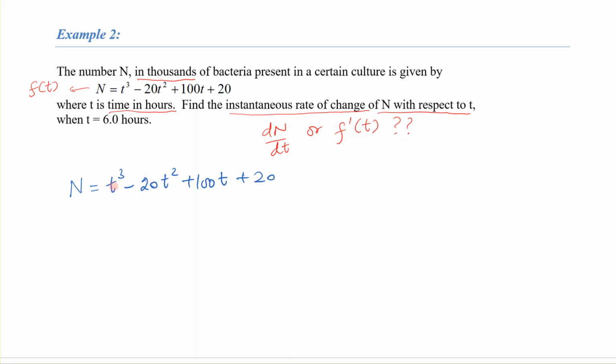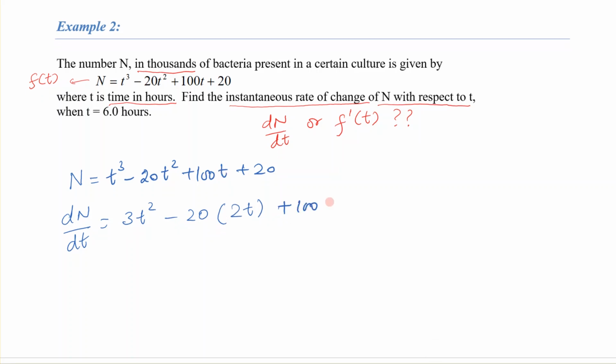Differentiating n with respect to t, using the power rule, the derivative of t cube would be 3t squared: bring the power down, reduce the power by 1. Similarly, 20 is just a constant multiplied with a power function, so constant times the derivative of t squared, which would be 2t. Similarly plus 100, and the derivative of t is just 1, and then plus 0.